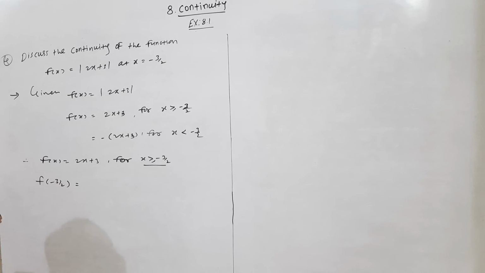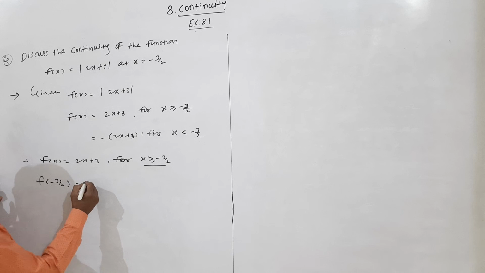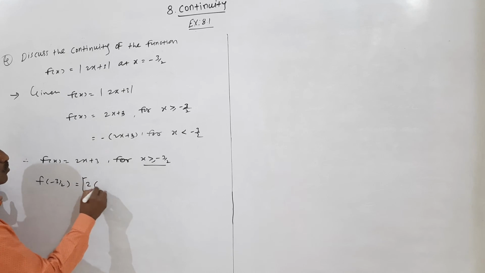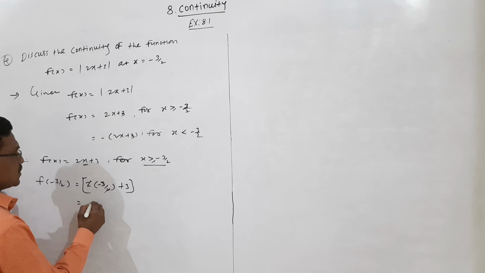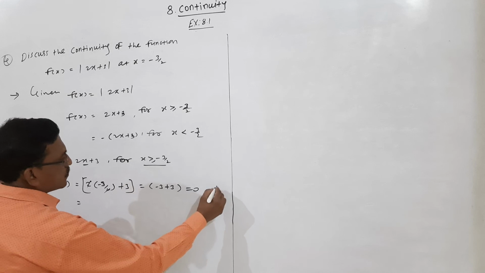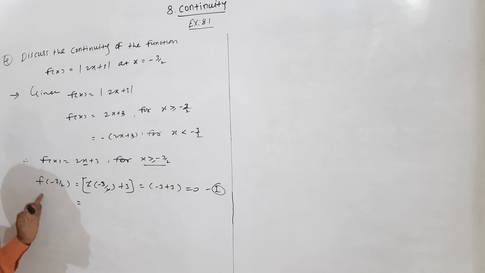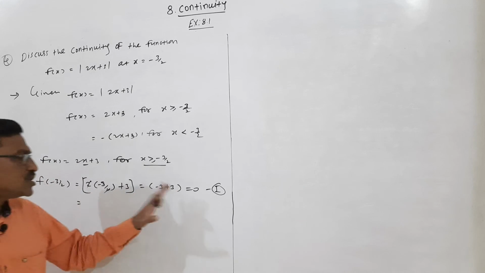So it is 2 into minus 3 by 2 plus 3, the 2 gets cancelled, it is minus 3 plus 3, so it becomes 0. Call this equation first: the value of f of minus 3 by 2 is 0.